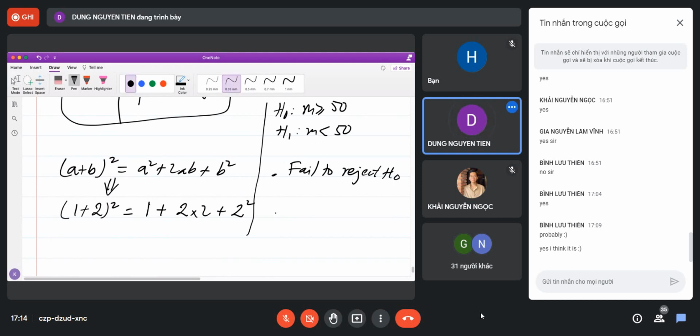Now, maybe tomorrow there is another method which is better, and that method can help you to conclude that you can reject the null hypothesis. So you see that the conclusion you can get in statistics is not always true. It may change over time. Okay, do you understand?